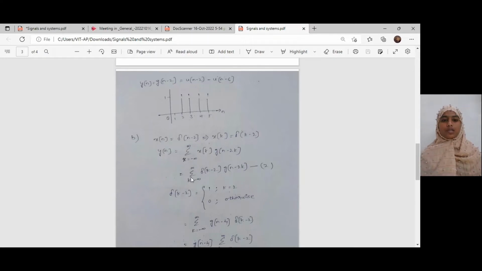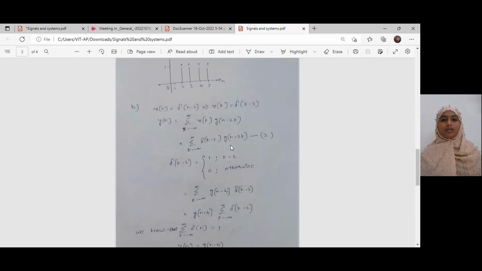Then the equation becomes summation k equal to minus infinity to infinity delta k minus 2 into g of n minus 2k. As usual, it is an impulse function. Therefore, if k equal to 2, it becomes 1. Otherwise, it becomes 0. Therefore, the equation is the summation k equal to minus infinity to infinity g of n minus 4 delta k minus 2.